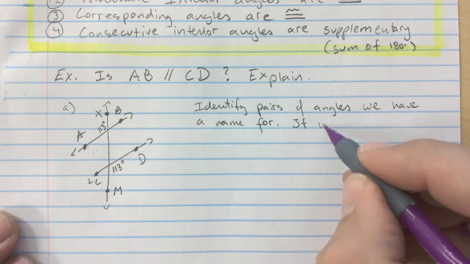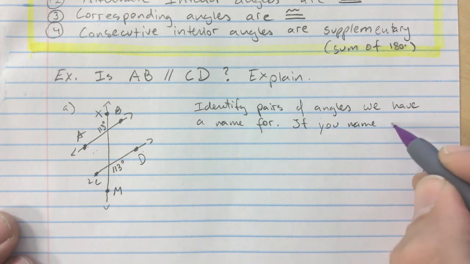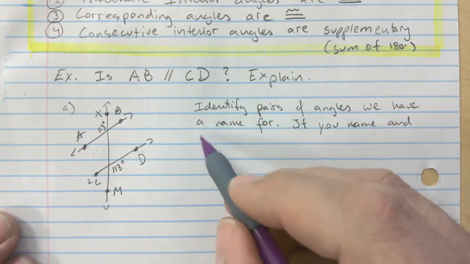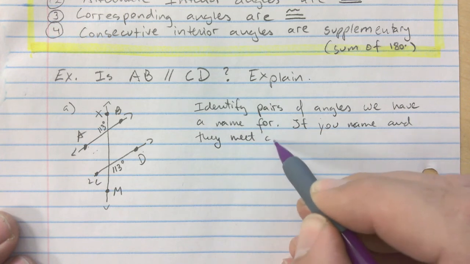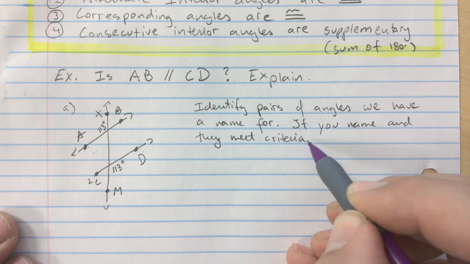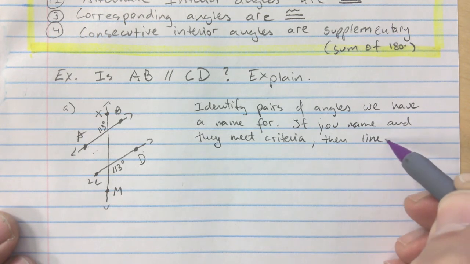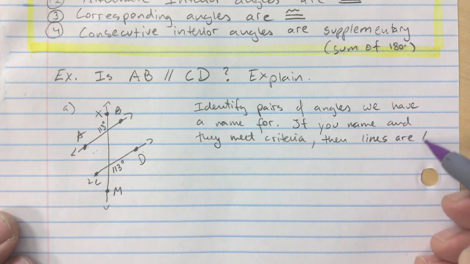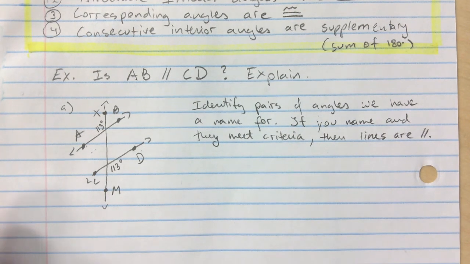If you have a name and they meet the criteria, then the lines are parallel. Or else, if they're not, then they will not be considered parallel.